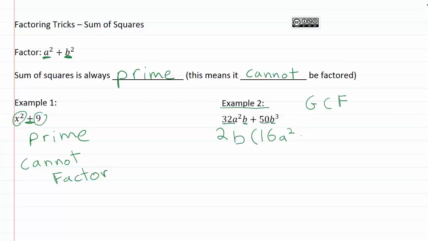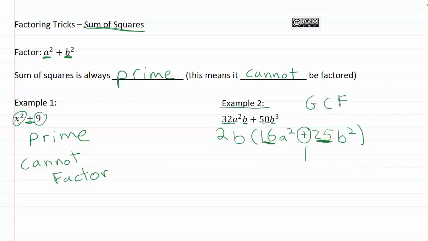16a squared plus 25b squared. Now we can notice that we've got a square number right here, the variable is squared, got a square number right here, and our variable is squared. And we've got the plus sign in the middle. So that is going to be our sum of squares.